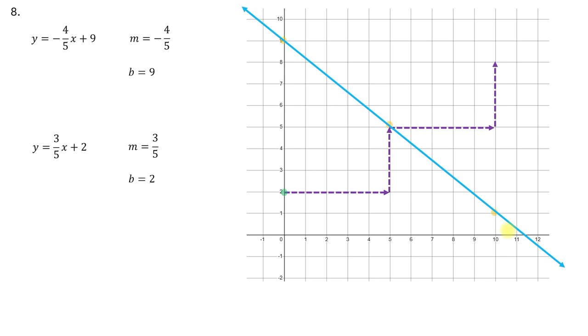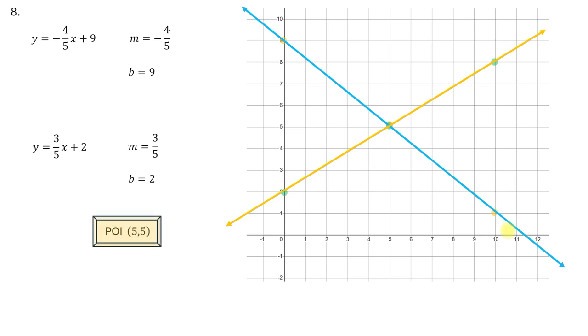We'll put in our coordinate points, connect those points with a line, and this is what the graph of y equals 3/5 x plus 2 looks like. The point of intersection is where these two lines cross, and you can see that this point is right here at the coordinates 5, 5.